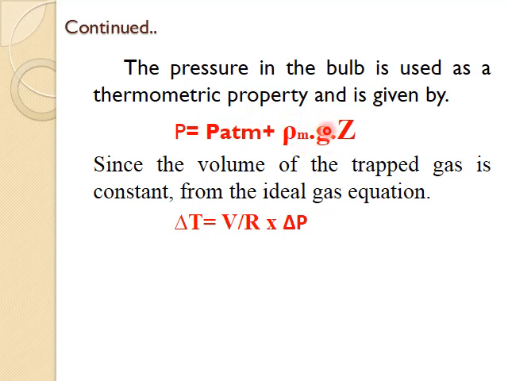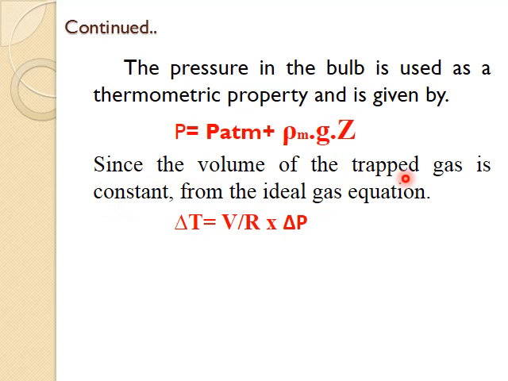Gauge pressure is the pressure measured by the U-tube manometer, and atmospheric pressure is the pressure exerted by the atmosphere or envelope of air. So atmospheric pressure plus gauge pressure gives you the absolute pressure in a vessel. Using this formula we can calculate the gauge pressure, where Z is the height of the mercury manometer which we have measured.